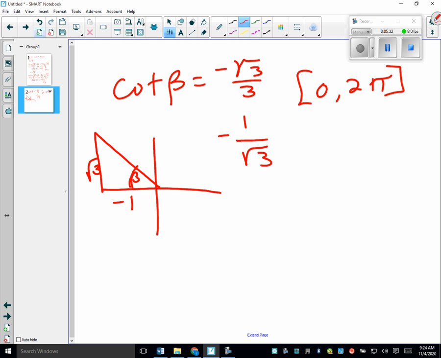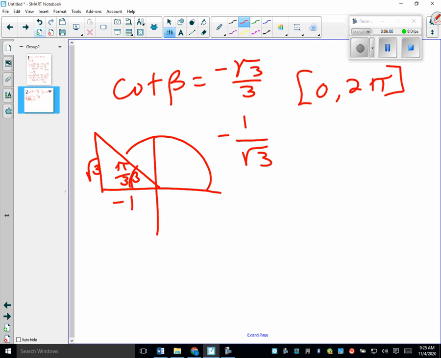How did we know it was radians? Because I said from 0 to 2 pi. Yeah, that makes sense. That means radians. So do we agree that this angle is pi over 3? What is this angle?